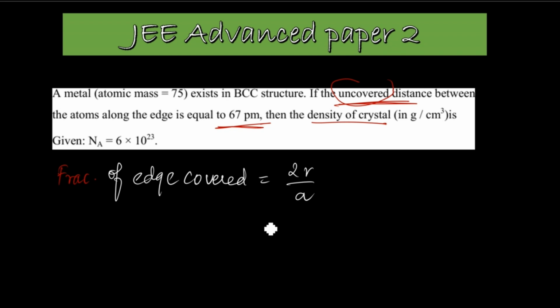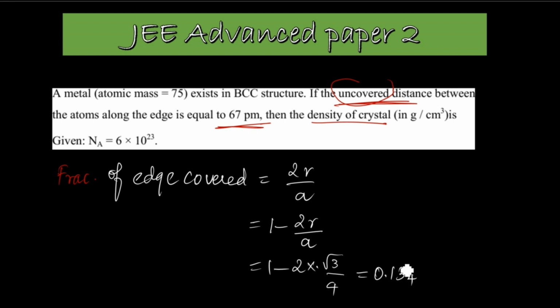They are asking about uncovered, so what we can do? 1 minus 2R by A. For this value, we know that root 3 by 4 is equal to 0.134, correct?